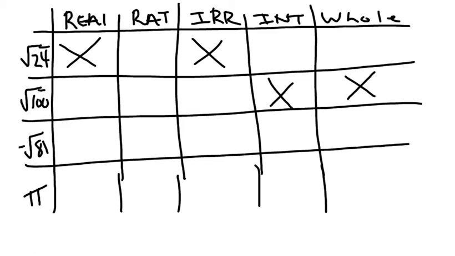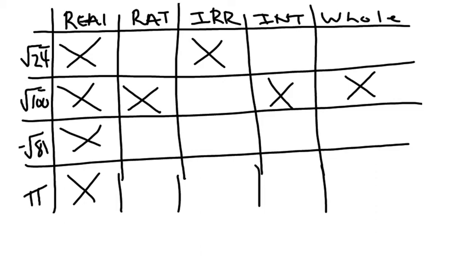Is 10 rational? Yes, because I already told you perfect squares were rational. Is it a real number? Yes. All the numbers we're working with in math are real numbers. In fact, I could go ahead and fill this column in because they're all real. All the numbers we're working with in math are real.